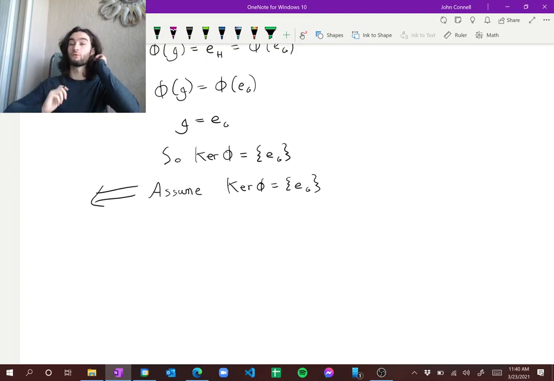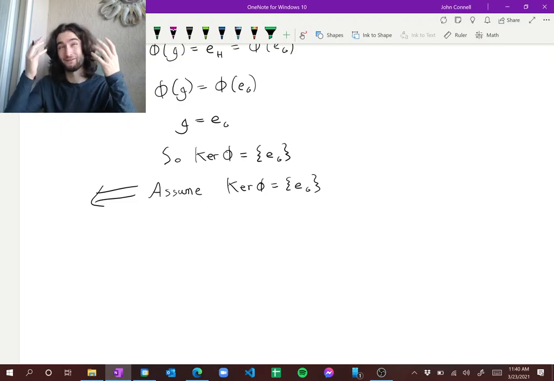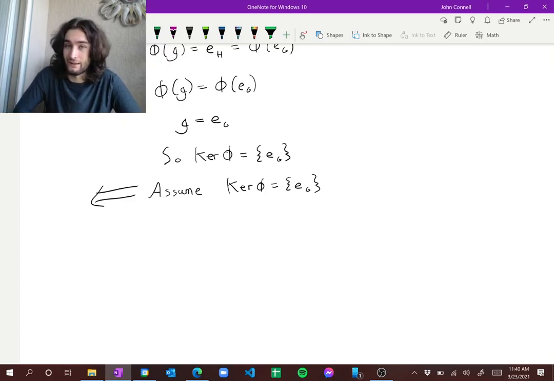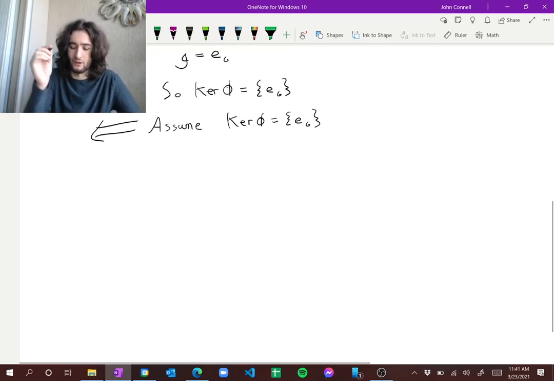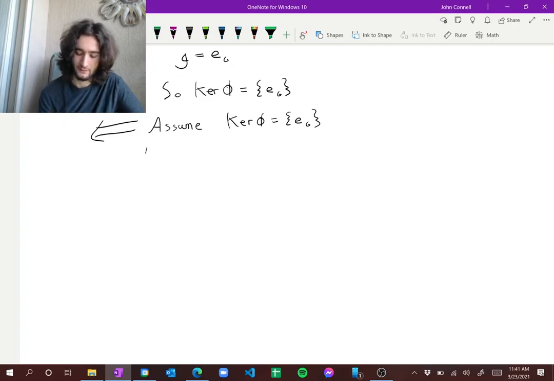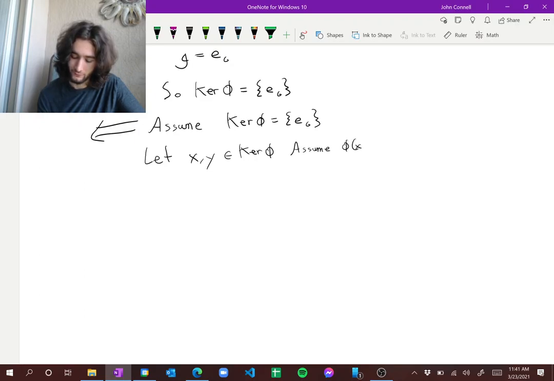And now here's what we've got to prove: that if phi of x and phi of y are equal, then x equals y. And x and y in that statement could be anything in G. A lot of people at this point made the mistake of saying, let x and y be in the kernel and assume that phi of x equals phi of y.